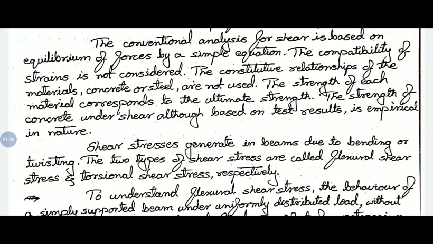In beams, shear stress is generated due to two reasons: one is bending, the other is twisting. If the shear stress is generated due to bending, we will call it flexure shear stress. If the shear stress is caused due to torsion or twisting, we will call it torsional shear stress.